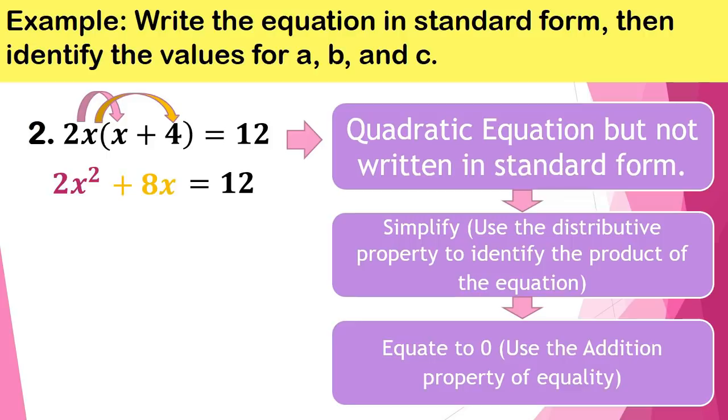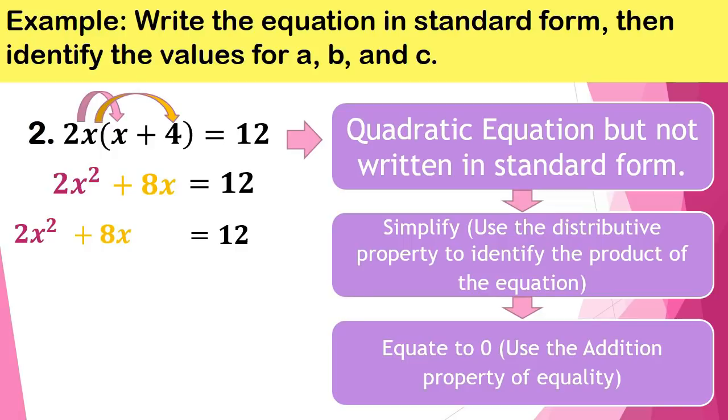To equate the given equation into 0, we need to use the addition property of equality to transpose 12 to the left side of the given equation. So, kailangan nating ilipat si 12 sa kabilang side ni equation. So, how can we do that? By using the addition property of equality. So, now, let's copy the given equation.